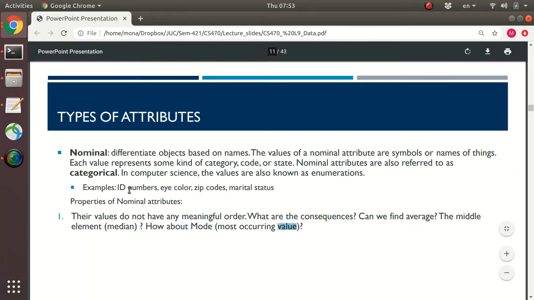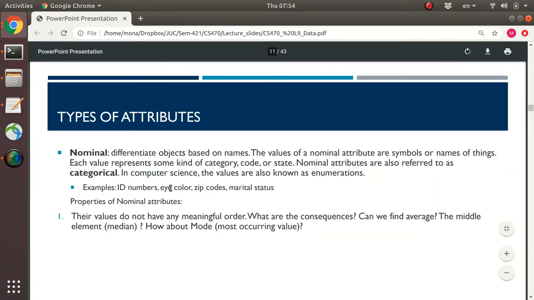So, for example, if we have a collection of data that represent people with their eye color, we can see within this collection of people how many people have, for example, brown eye color or black eye color. So if we want to find the mode of such data, we find the value that is most occurring.